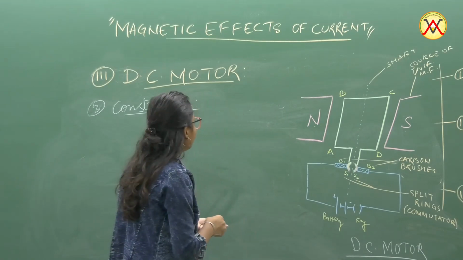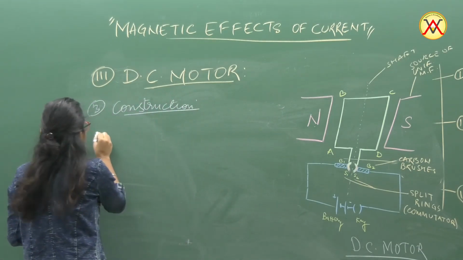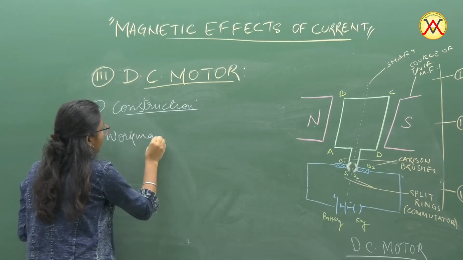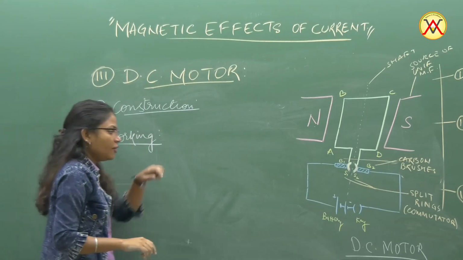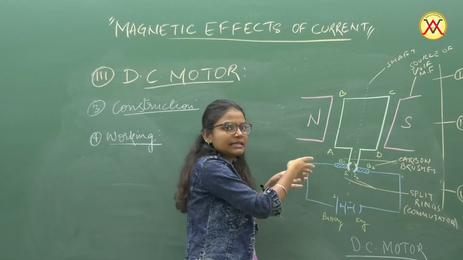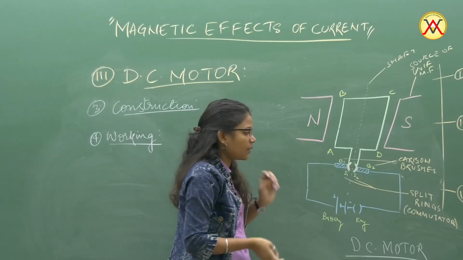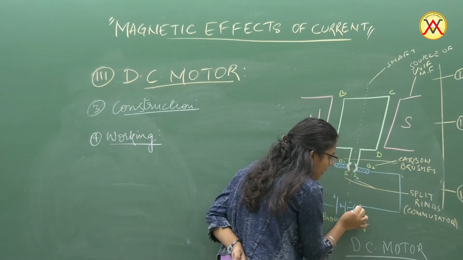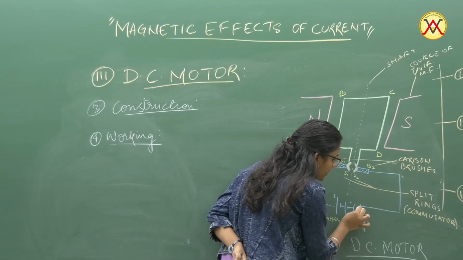So for our working part, this was our construction. First, let us discuss the working, then whatever we are discussing, we'll be writing it down point-wise in our working part. In a battery, start from here.